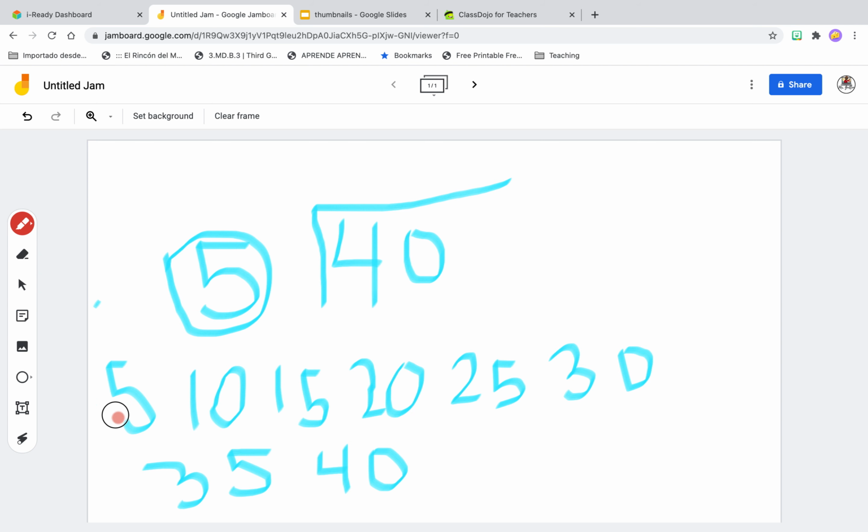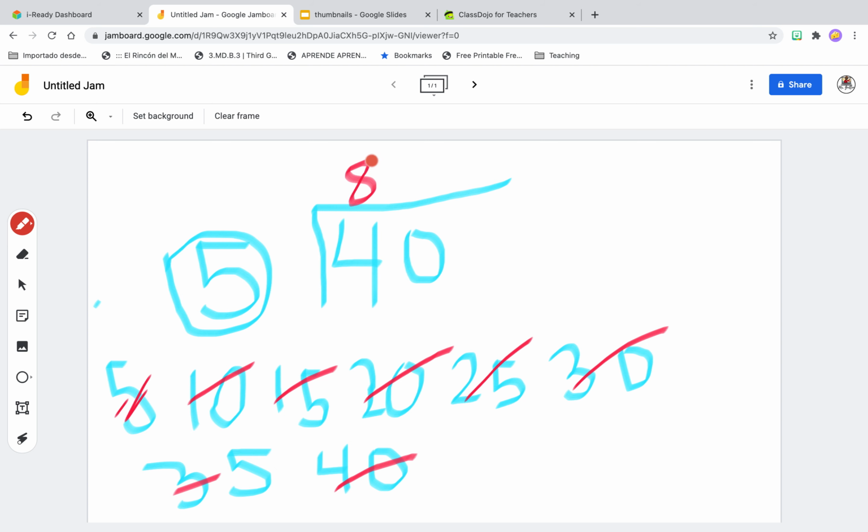We get one time. I'm going to cross it out. 1, 2, 3, 4, 5, 6, 7, 8. So I skip counted by 5 eight times to get to 40. So 40 divided by 5 is equal to 8.